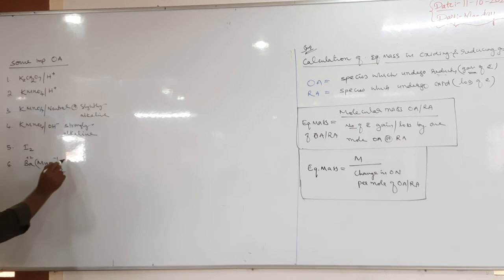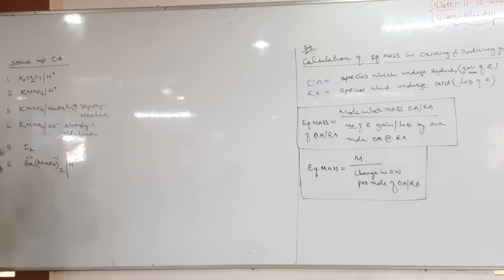Barium permanganate acts as an oxidizing agent in acidic, neutral, basic, three media. Next, seventh one, you can also take aluminum permanganate, Al(MnO4)3, in acidic medium, right? So these are some important oxidizing agents.